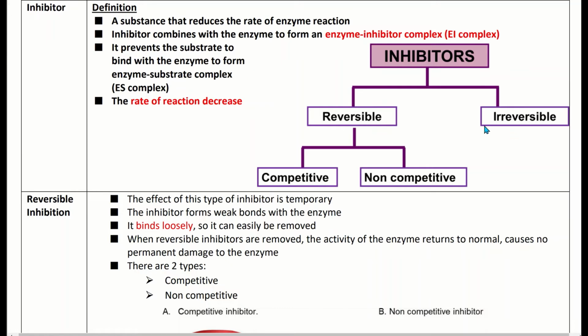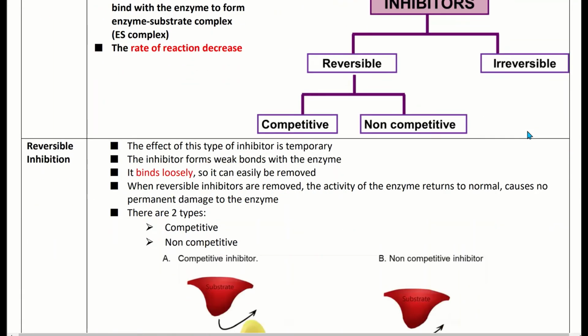Okay, so there are two types of inhibitor. Reversible, maksudnya bila inhibitor ni bind dekat enzyme, dia boleh unbind balik, dia boleh release. Kita boleh releasekan inhibitor tu daripada enzyme. Kalau irreversible tak boleh lah. Okay, so kita akan tengok yang reversible ni ada dua jenis. Satu yang competitive, satu yang non-competitive. So perkataan kompetitif ni pun you dah tahu dia berlumba.